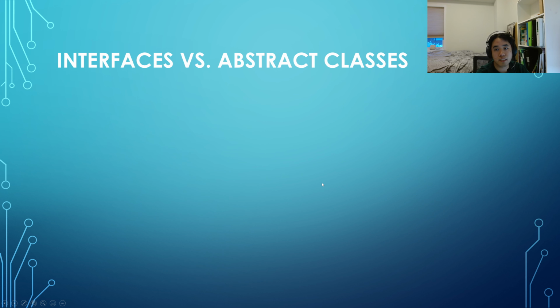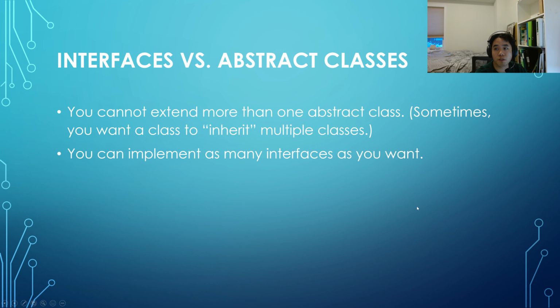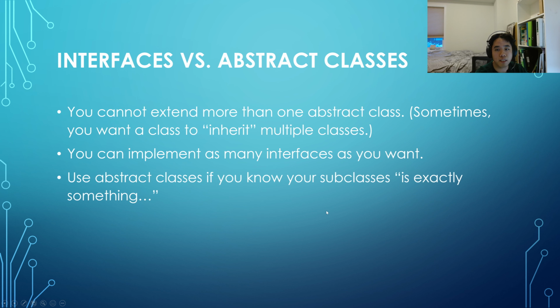So here are a few things about interfaces versus abstract classes. You cannot extend more than one abstract class, so that's a shame. And there are times that you have a problem with multiple inheritance. Well, you can implement as many interfaces as you want, so this will solve the problem, hopefully.